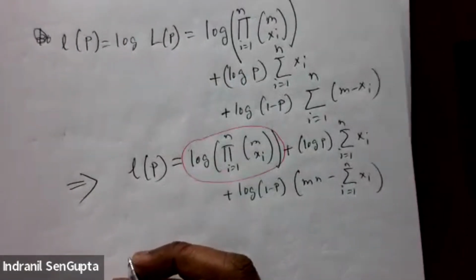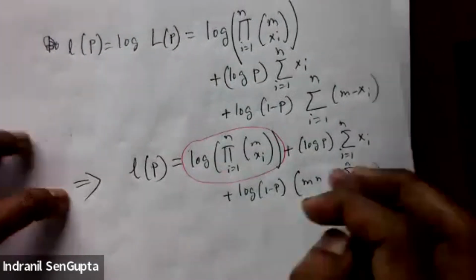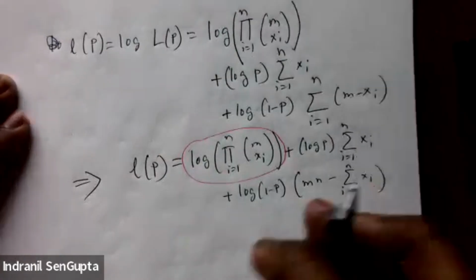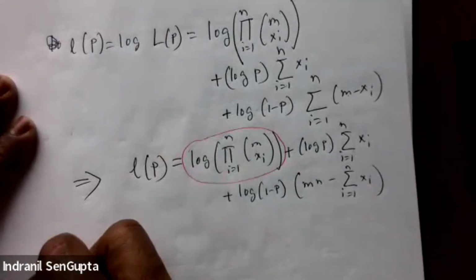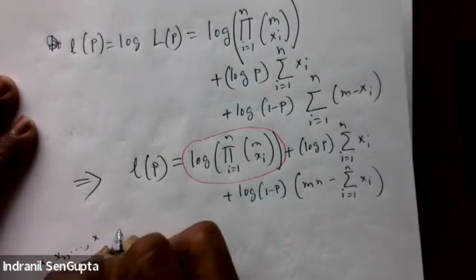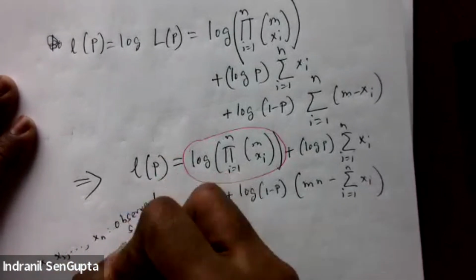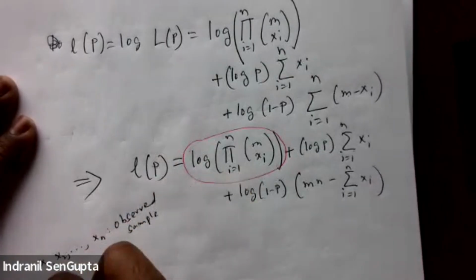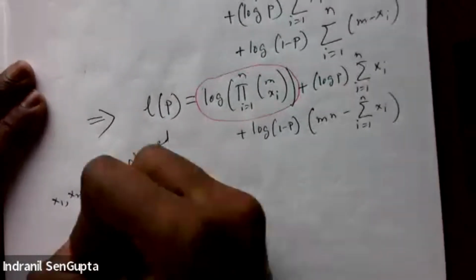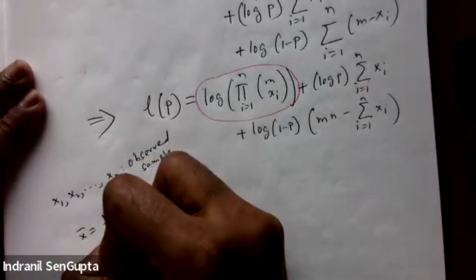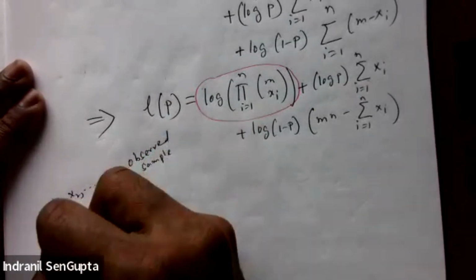Okay. So now, one more thing I can do, I can simplify a little bit. So I can observe, once again, x1, x2, xn. So these are the observed sample. And we define x bar to be the observed mean, which is given by 1 over n summation I from 1 to n xi, right?